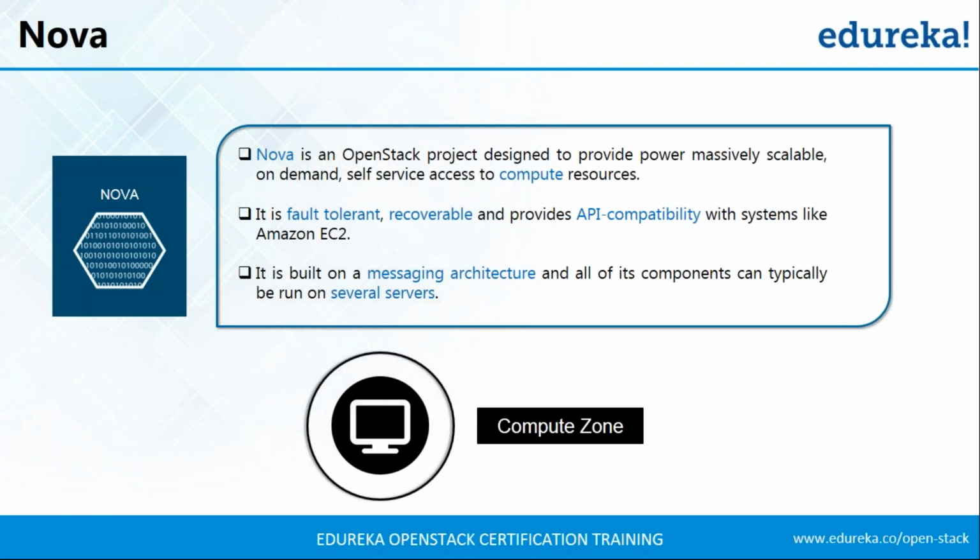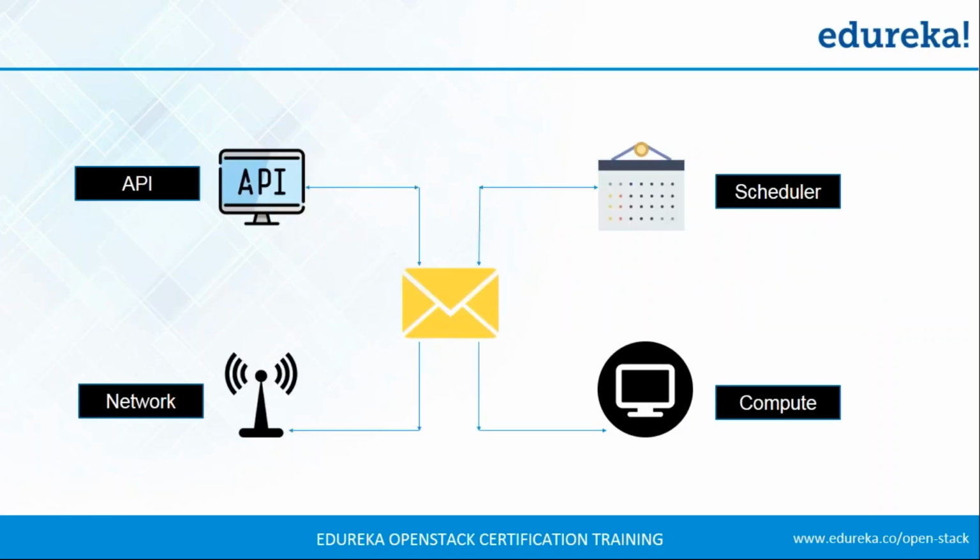Nova is built on a messaging architecture and all of its components can be run on several servers. Every other component in Nova communicates using a message queuing system. For that, we mostly use RabbitMQ, which is a message queuing system. So this is a brief architecture of Nova.